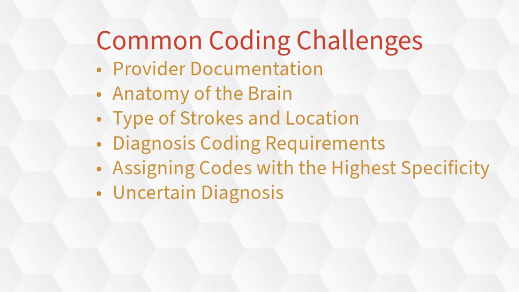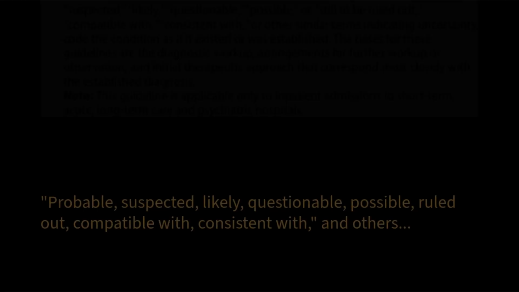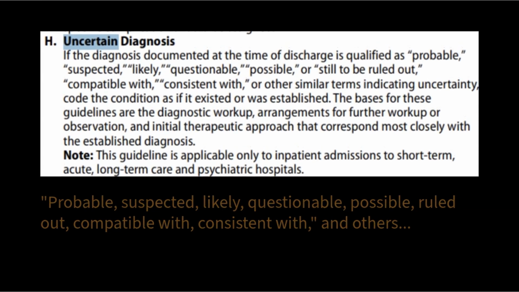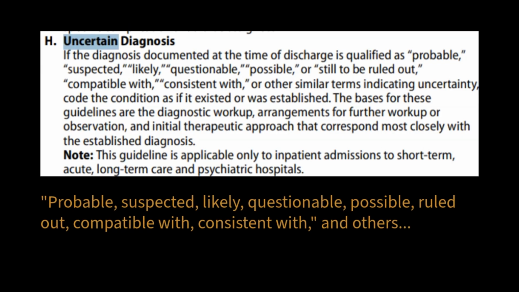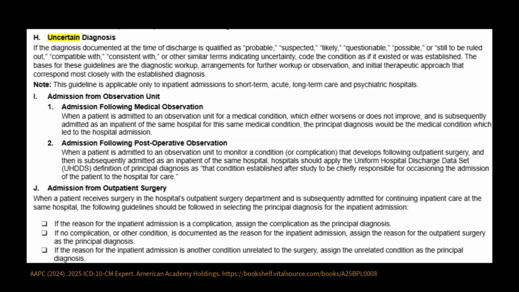We also need to keep in mind a very important ICD-10-CM coding guideline about uncertain diagnosis. We never assign codes with terms like probable, suspected, ruled out, questionable, possible, consistent with, or other similar terms that indicate uncertainty. There are some exceptions, however, to this guideline depending on the type of patient admission. So please follow up with the ICD-10-CM guidelines if you have any questions.